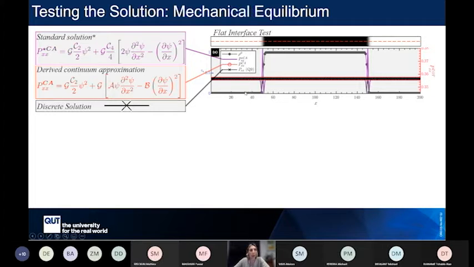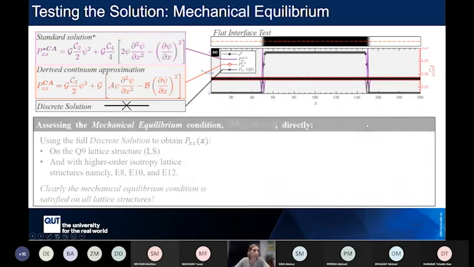What we see with the standard solution at the continuum level, the purple line here, is a big jump at the interface, which is not what is expected. That should be completely flat. When we look at our continuum approximation and the discrete solution that we have, the pressure remains perfectly constant through the interface, which is exactly what we wanted.